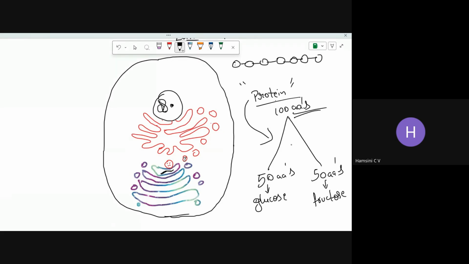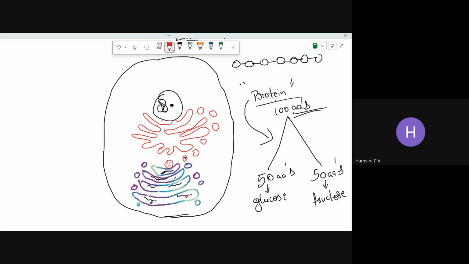Now the protein moving here in the cisternae breaks into two polypeptide chains. By the time it comes there, for one it adds a glucose chain, and for another it adds a fructose chain. Whatever the cell requirement was, this is what is known as modification.